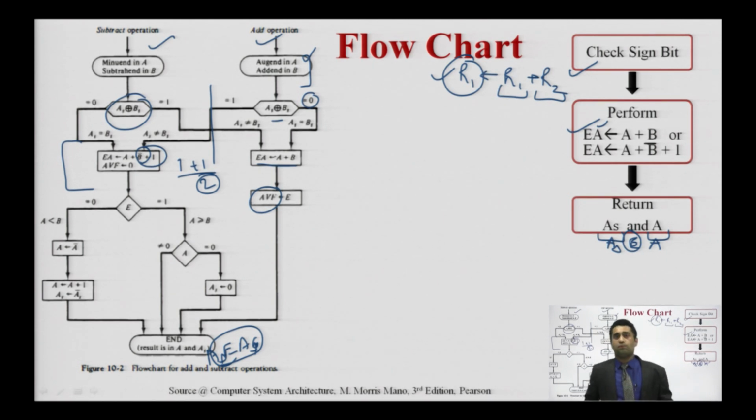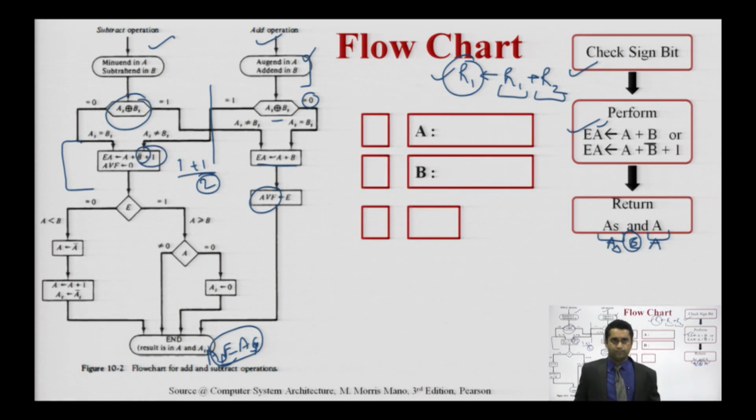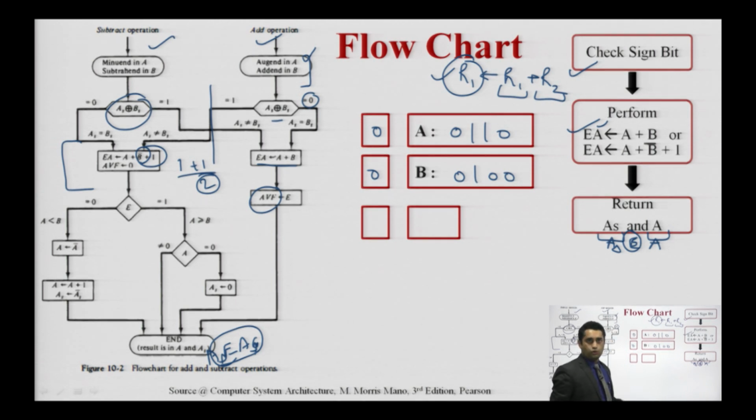So this is the flow chart. Take an example for this. If I take an example which I have discussed earlier, this is the value. These are my signs, 0, 0. This is AS and this is BS. This is my E. Right now it is empty, and when I perform this operation, the first thing is to check the sign bits.